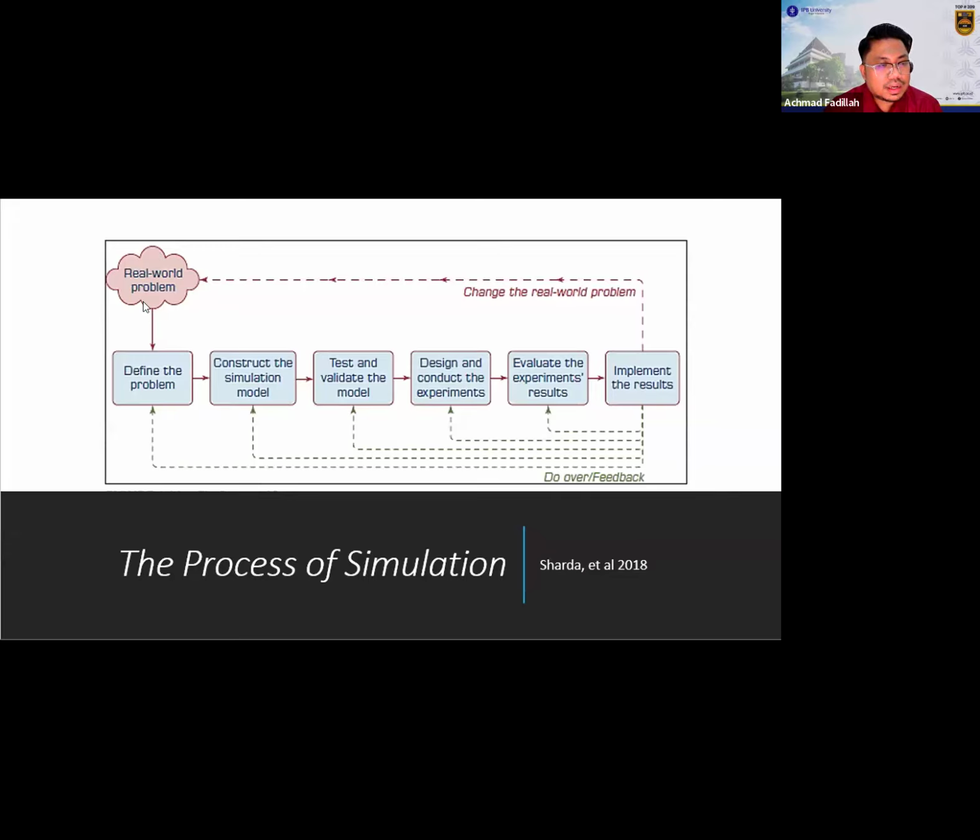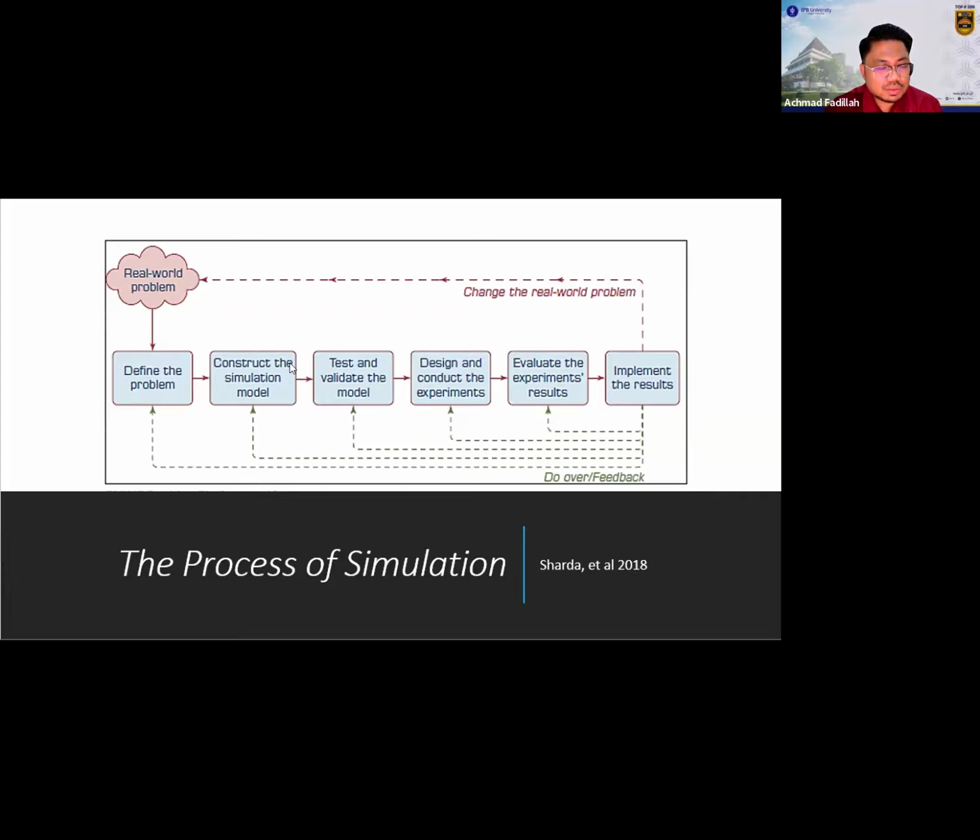After you understand the real world problems, for example a decreasing number of customers, or if you use social media, the number of followers in your business account or business store, that becomes a problem, and then you need to define the problem to start constructing the model.